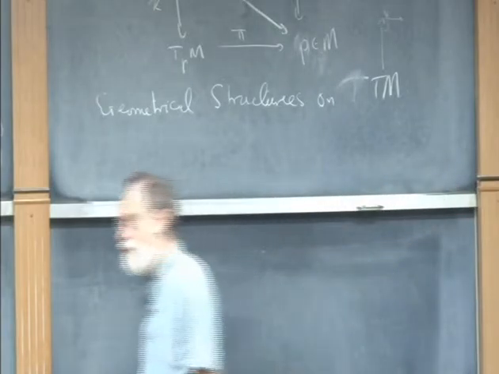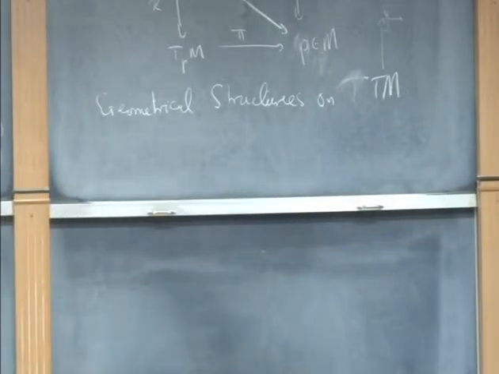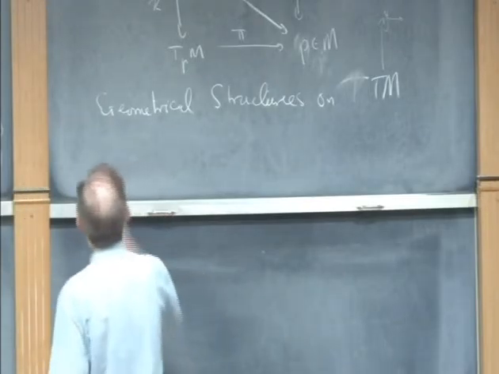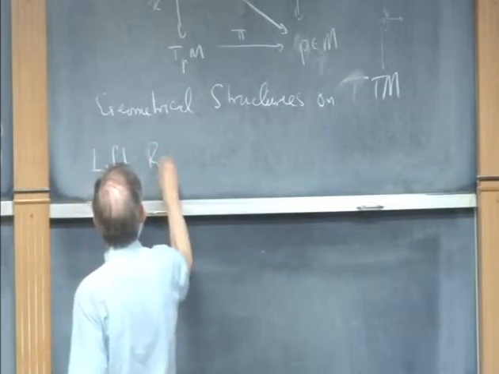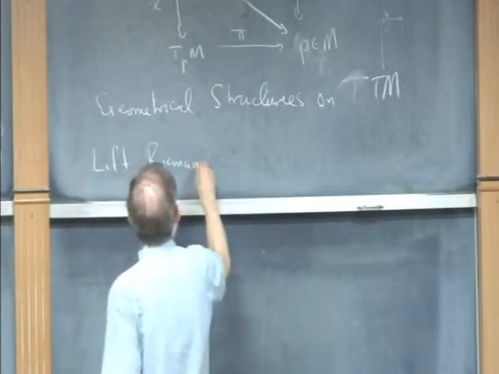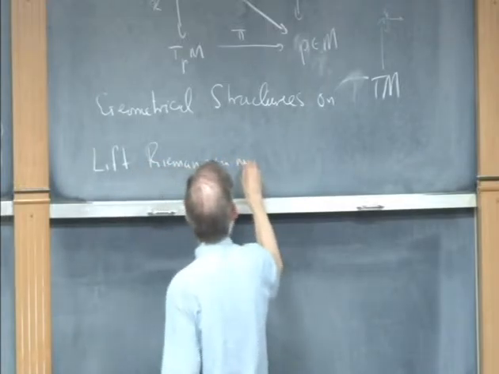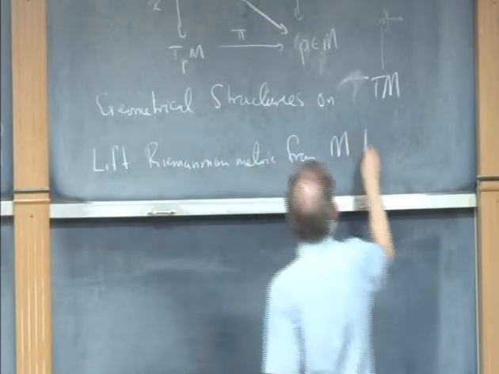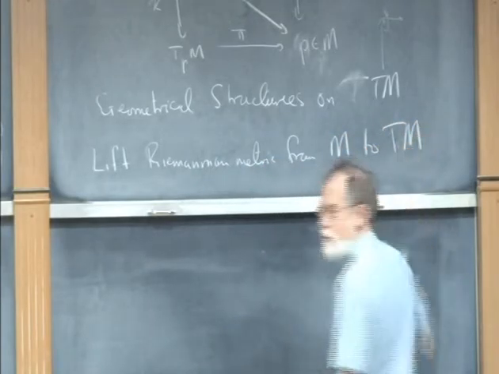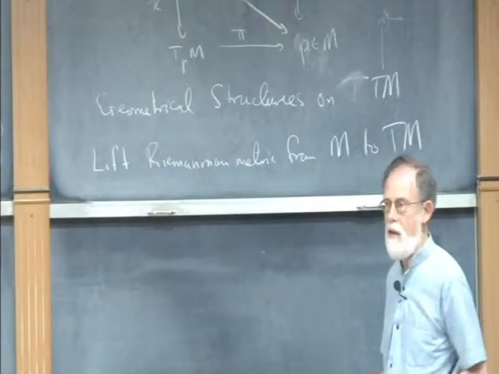So I guess the Riemannian metric is a structure on, is that a structure on the tangent bundle of the manifold or the manifold? Anyway, one of these structures is you can lift the Riemannian metric from M to a Riemannian metric on TM.